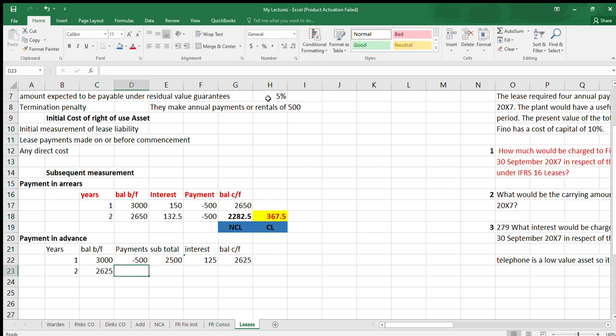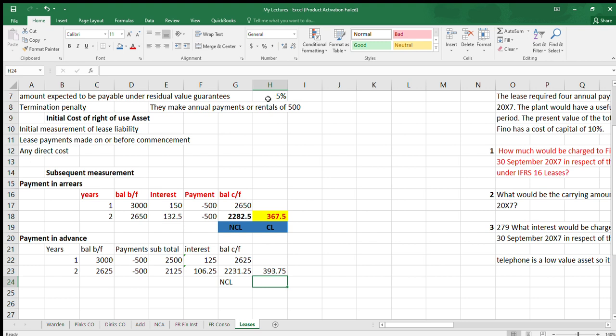Our payment is constant, which is 500. Then our subtotal, and our interest is this multiplied by our 5% per the question. Then our balance carry forward is our subtotal plus our interest. So this is our non-current liability, and our current liability is year 1 minus year 2.